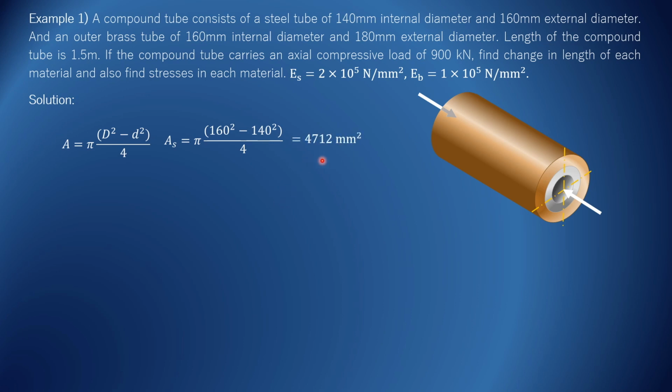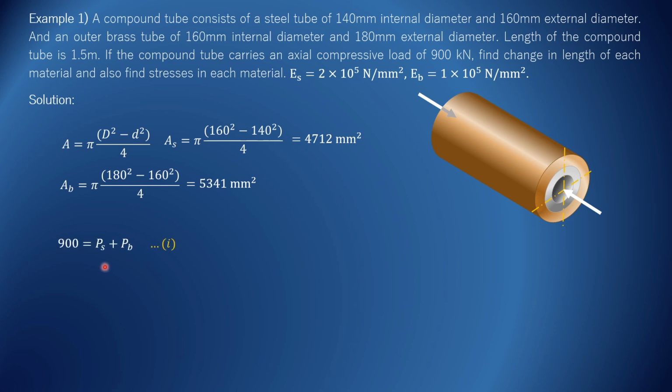So this is cross-sectional area of steel. Similarly, cross-sectional area of brass, outer diameter 180 millimeters, inner diameter 160 millimeters, and complete the calculations. Again, I am suggesting you keep calculators and notebook, pencil with you and do the calculations while watching the video.